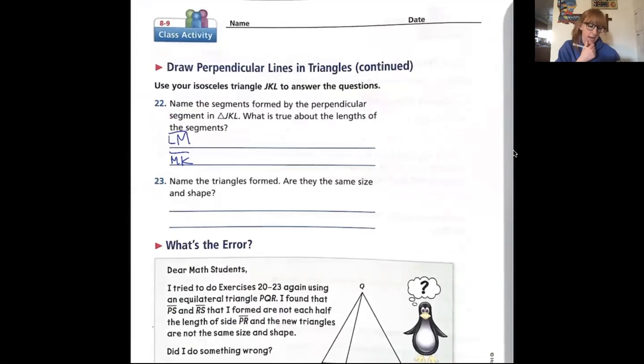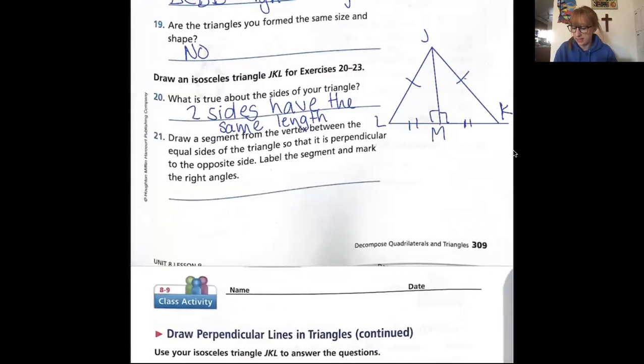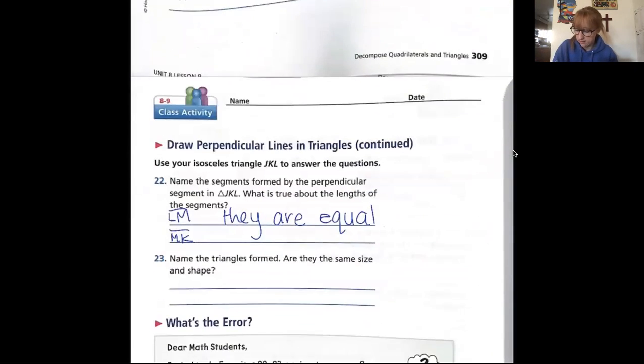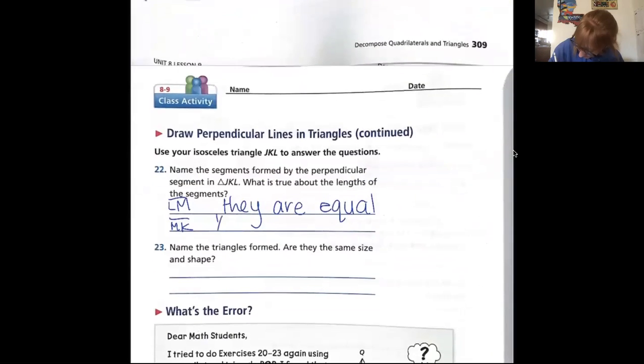So we could say they are equal. Or it's important to notice that they are half of line segment LK.